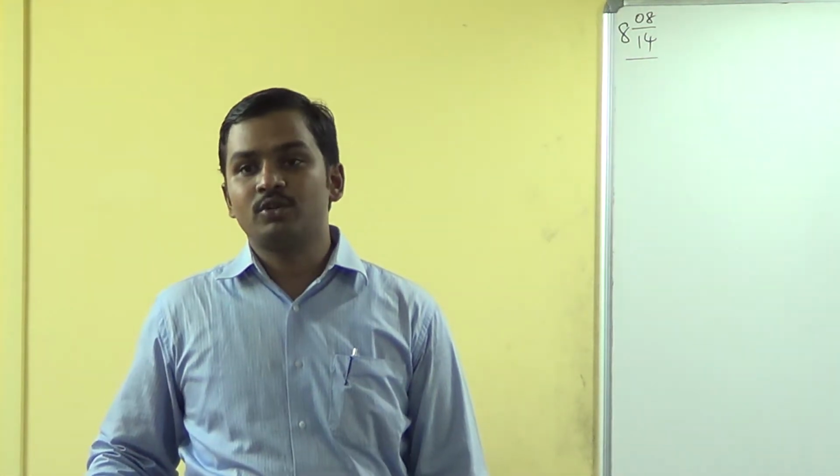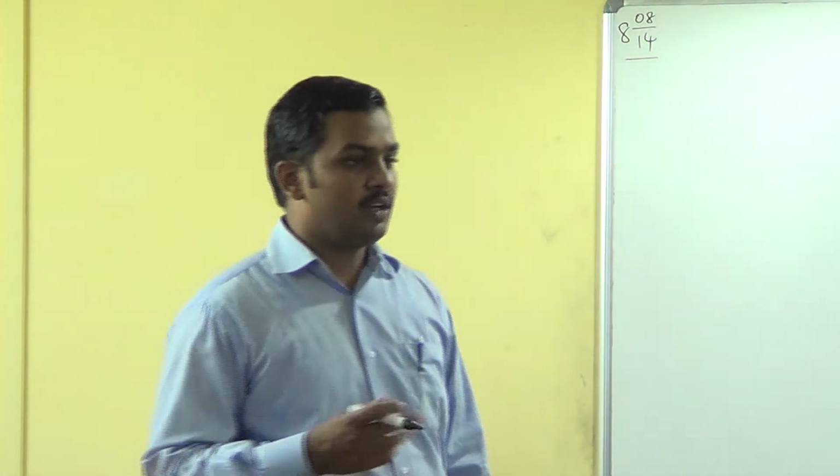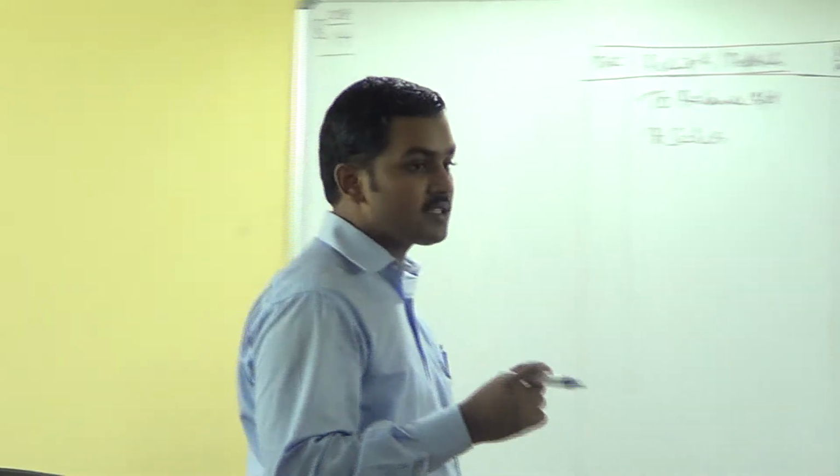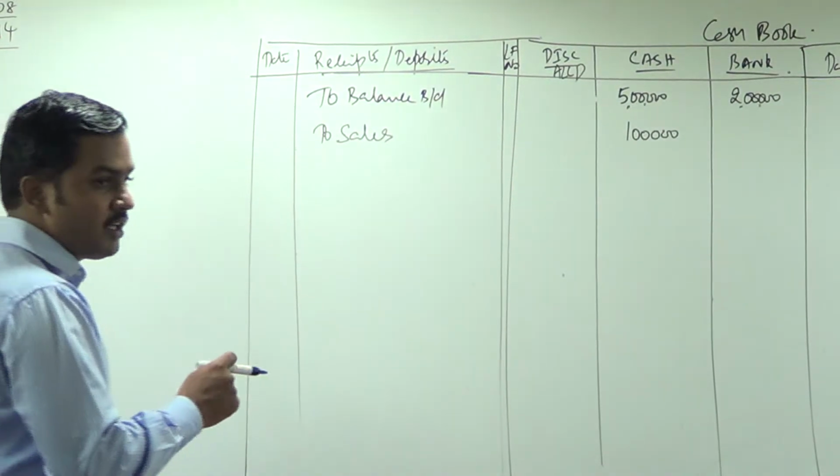Next transaction. Goods sold for cheque 80,000 rupees. Now when you sell goods for cheque, what is the entry you pass? Bank account debit to sales account. We should record it on the deposit side.